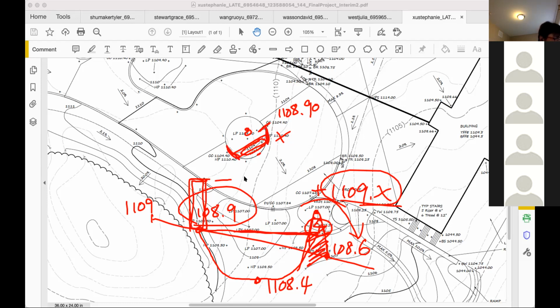So if the curb is at 1109.4, then the bottom here would be 1109.1, and then this 1109 could hit the curb. Okay. Yeah. That makes sense. Curb is high. Yes, the 1109 would hit the curb. That's correct. All right. So that's that.